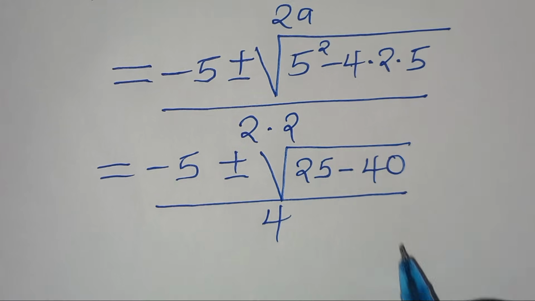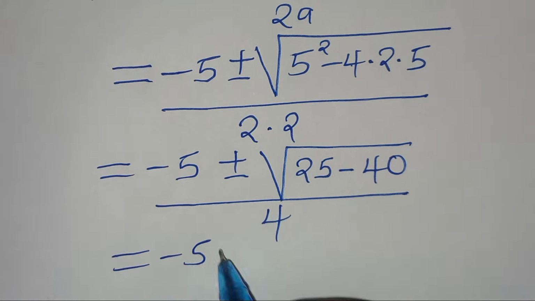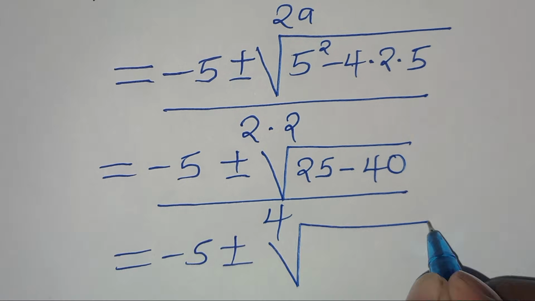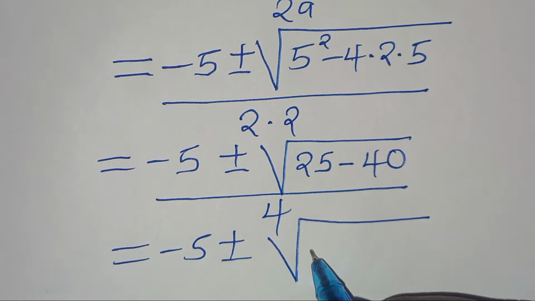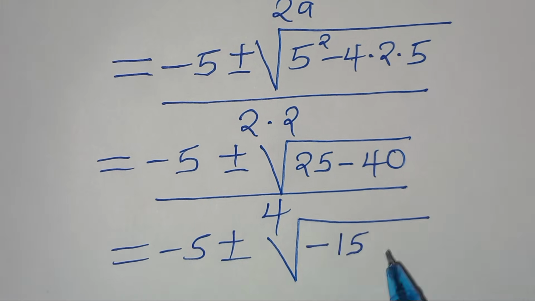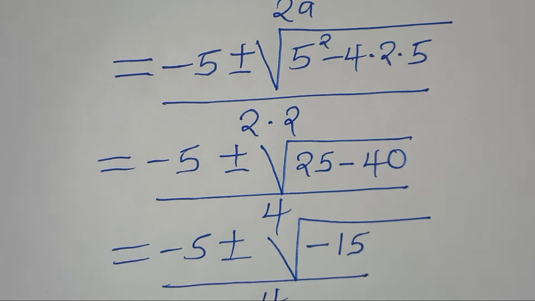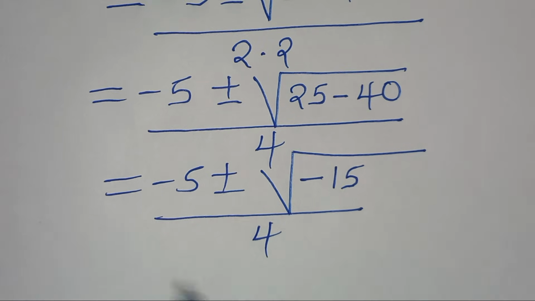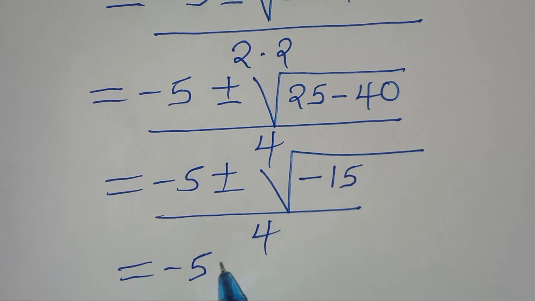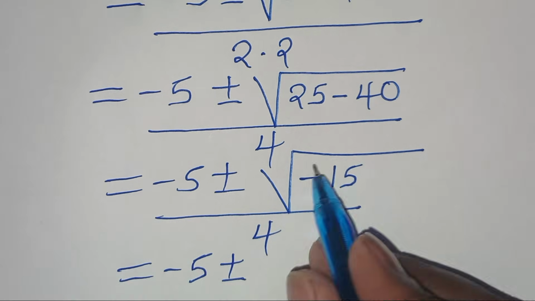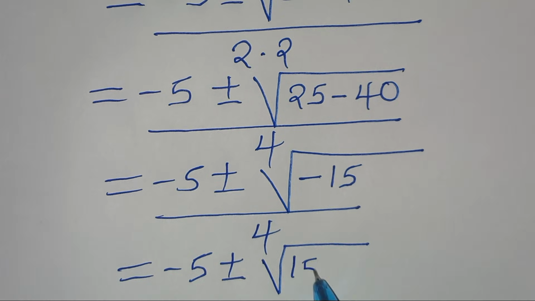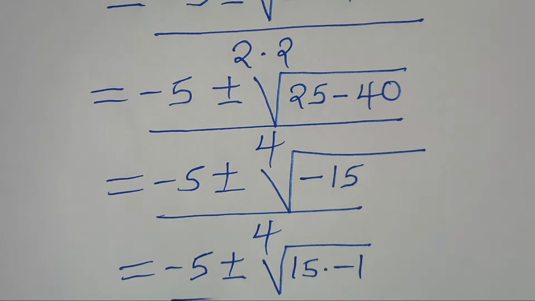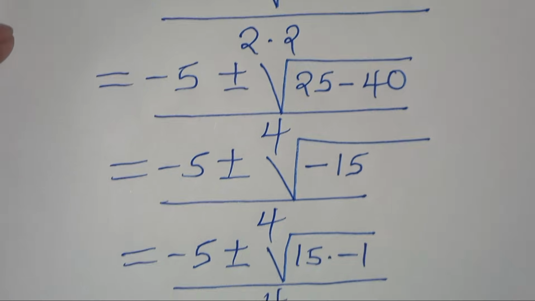Now we have negative 5 plus or minus the square root of, we have 25 minus 40, this is negative 15, divided by 4. So this means that we have negative 5 plus or minus, we can express the square root of negative 15 as the square root of 15 multiplied by minus 1, then divided by 4.